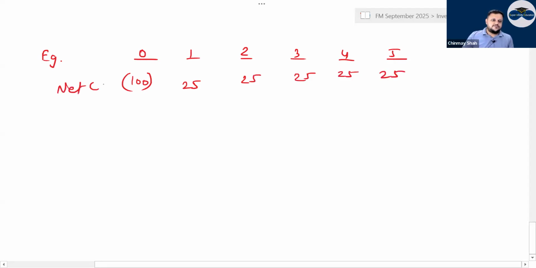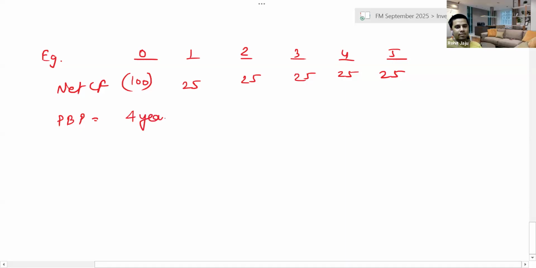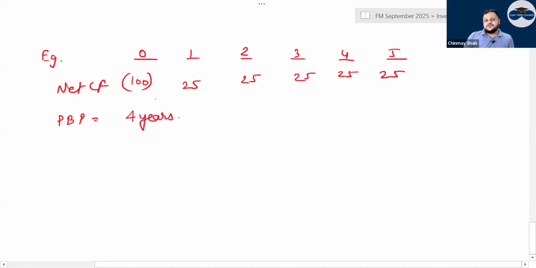This is net cash flow, correct? What is the payback period? Tell me, without my help. Year 4. 4 years. But here there is a peculiar thing. What is the peculiar thing here? Tell me. The inflows are what? Constant. Same, constant, or even, correct?